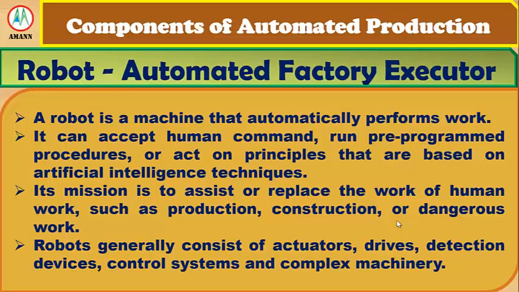Its mission is to assist or replace the work of human work, such as production, construction, or dangerous work. Robots generally consist of actuators, drivers, detection devices, control systems, and complex machinery.